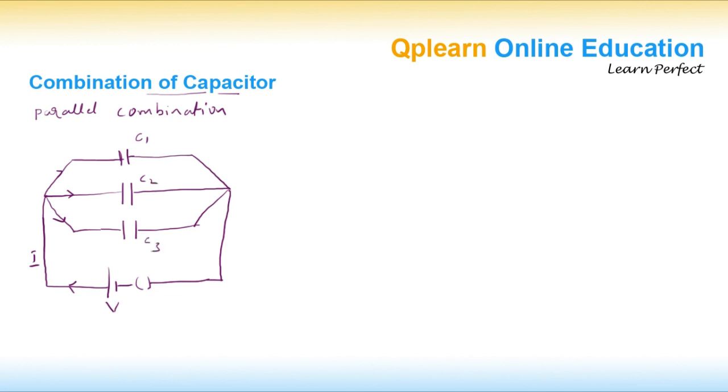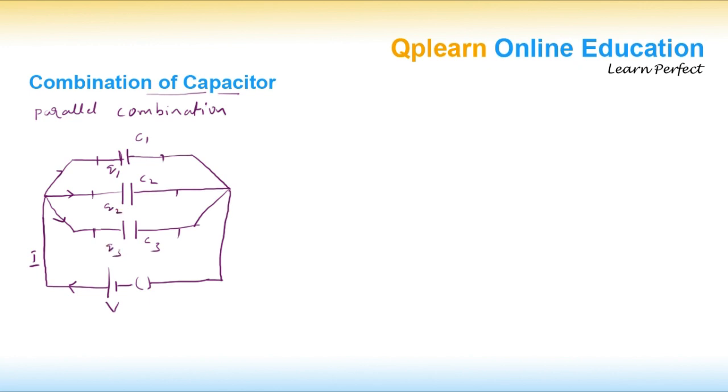The first point: when the three capacitors are connected in parallel, what about the voltage and the charge? The voltage will be the same across all the capacitors C1, C2 and C3, but the charge flowing in each capacitor will be different, that is Q1, Q2, Q3.